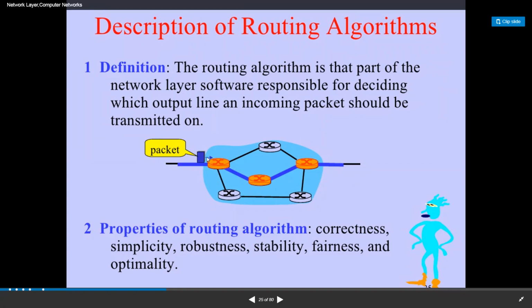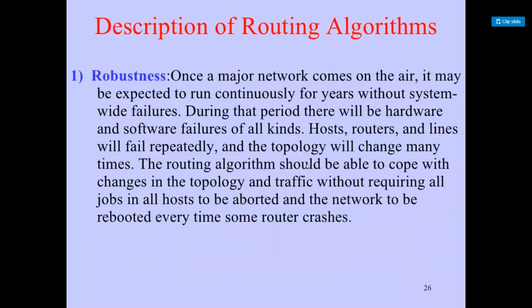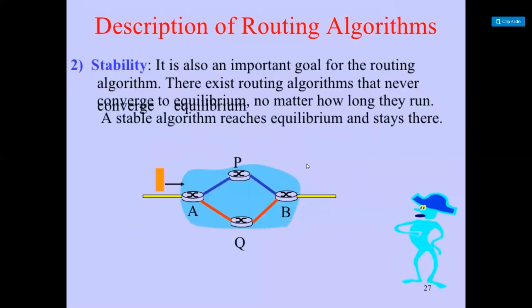The blue packet arrives here and the router must decide on which outgoing line the packet needs to be transmitted. It has chosen this one. Now the packet arrives here, and here also it needs to calculate. For every router we need to call the routing algorithm.